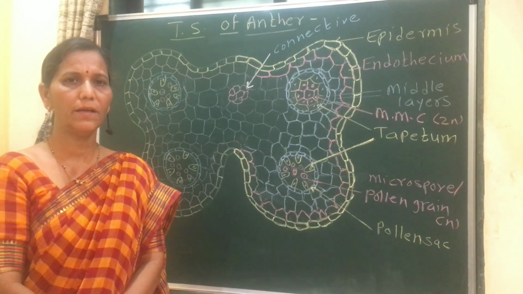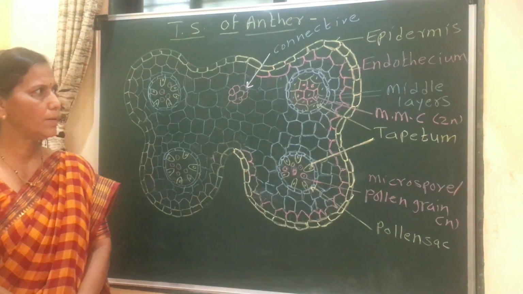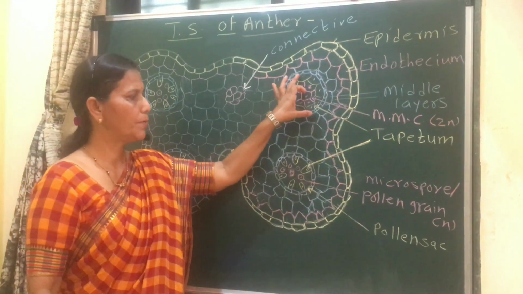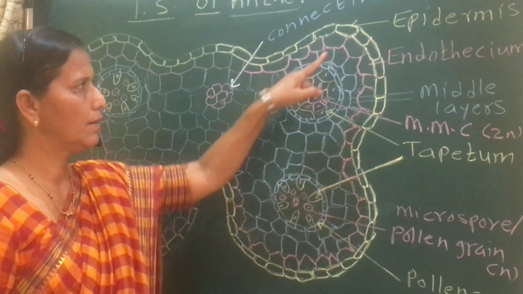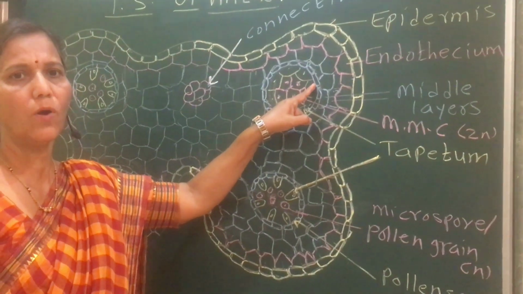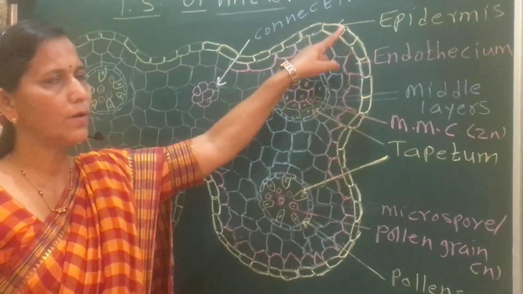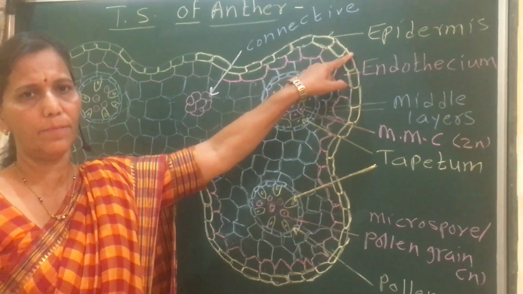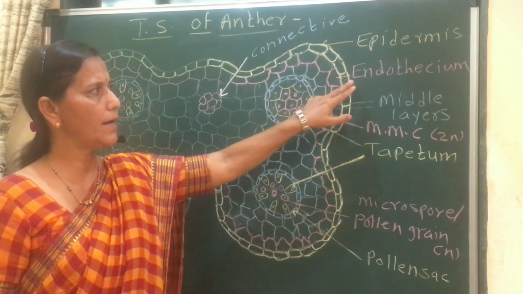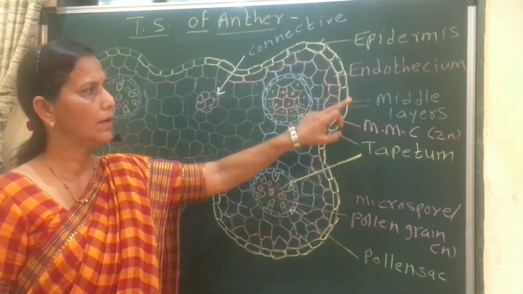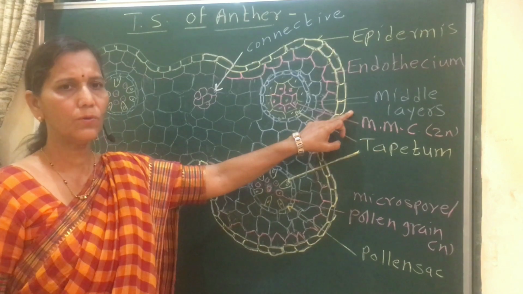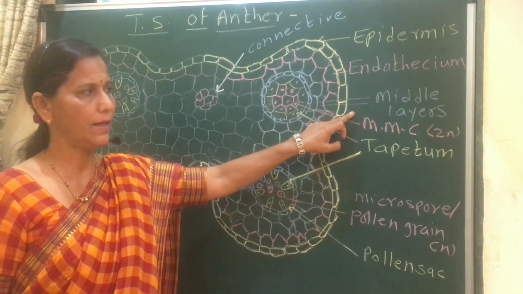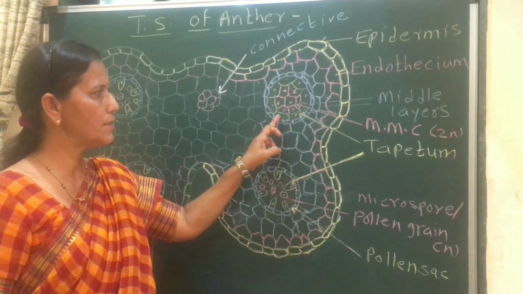Let's see this T.S. of anther. T.S. of anther shows pollen sac and surrounding layers or wall layers. The outermost layer is called epidermis. The second layer is endothecium. The third, 2 to 3 middle layers, are there. Then this is the pollen sac.